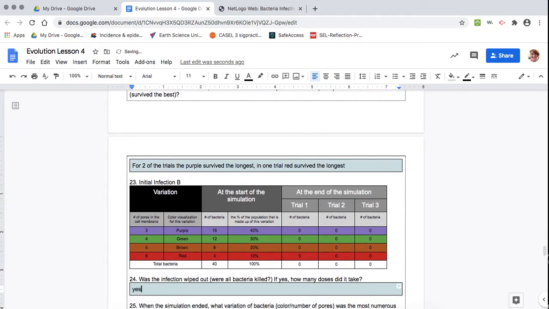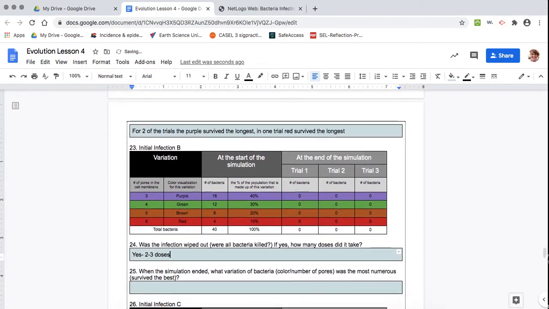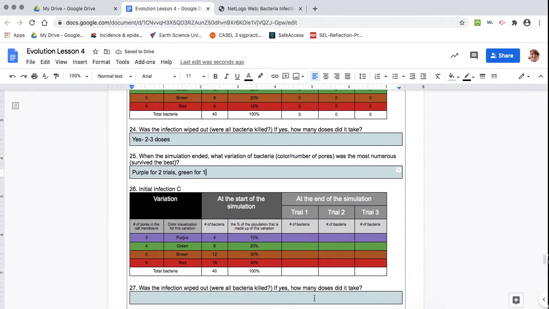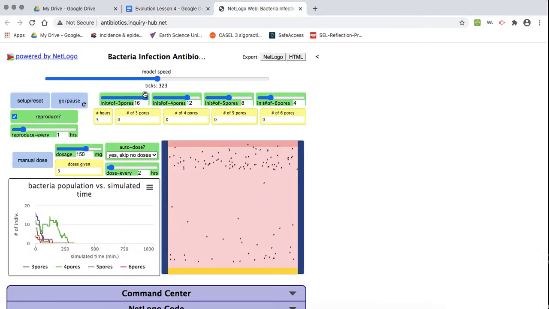So yes, 2 to 3 doses. Purple for 2 trials, green for 1 trial. And then our third simulation is going to just be the reverse order in the starting population. So 4 purple, 8 green, 12 brown, 16 red.